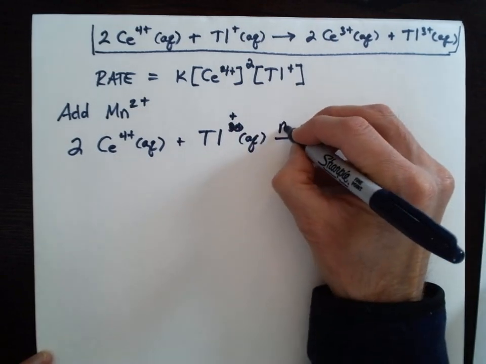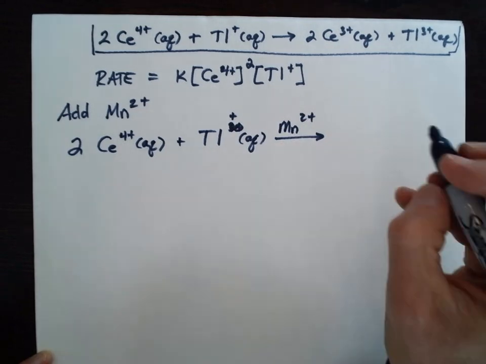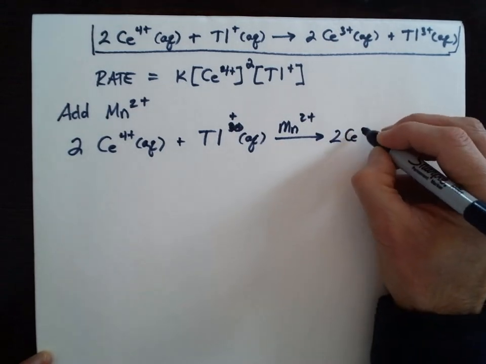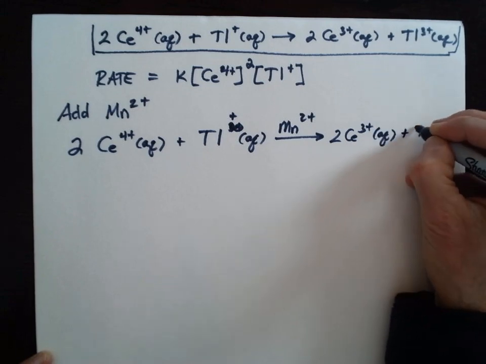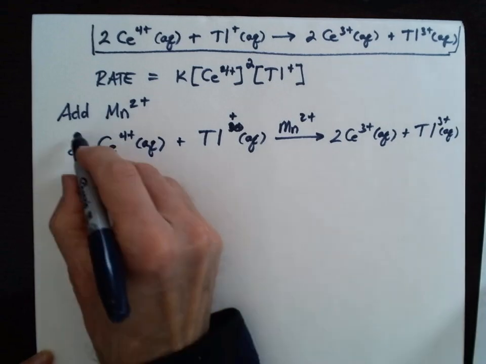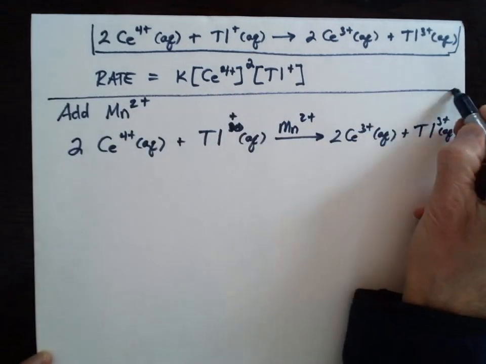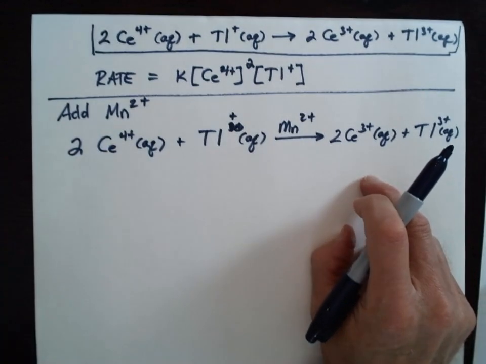And we write manganese 2 over the top. That's how we do this as a catalyst. That's how we write catalysts in. That's going to form our 2 cerium-3 ions and our thallium-3 ion. This proceeds by a different mechanism than 2 of these and 1 of these colliding.